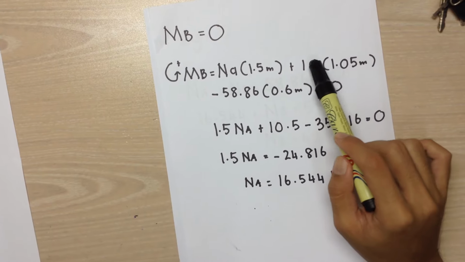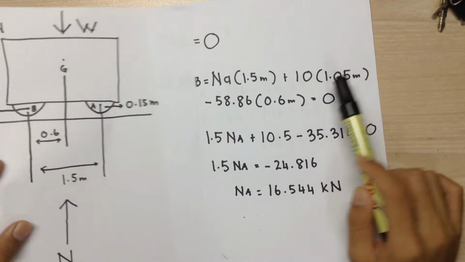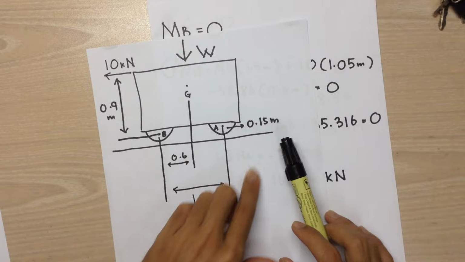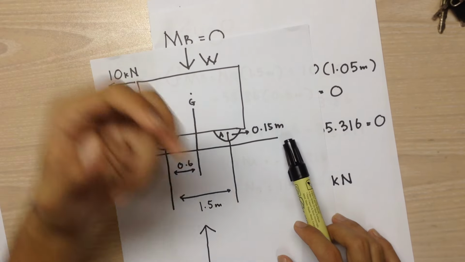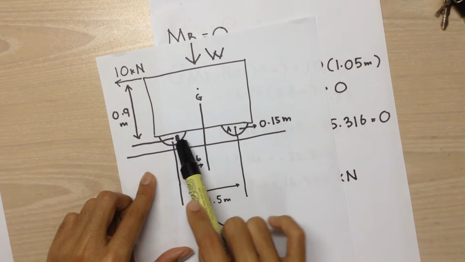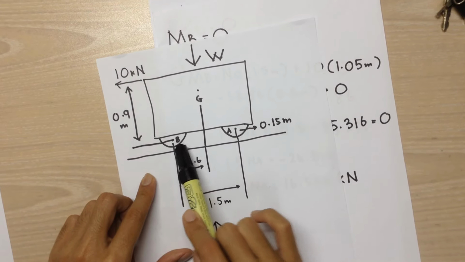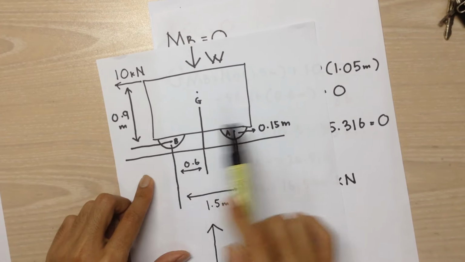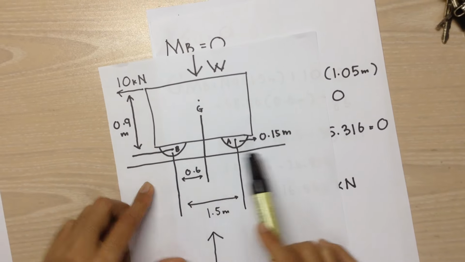This is 10 kilonewton, and the 1.05 meter we got from 0.9 plus 0.15, because when we pull the force to the left side, wheel B and wheel A will move too. So we must add these two distances.